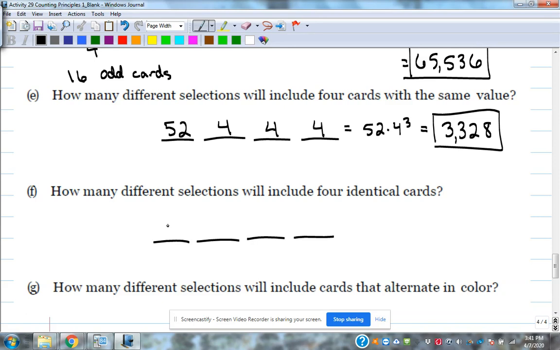So the first card, there's 52 choices. And then the second card has to match that exactly. Not the same value, but the same card. So how many cards match a 3 of diamonds? 1. And that goes for all three of the next choices. So there's only 52 selections that are 4 of a kind.